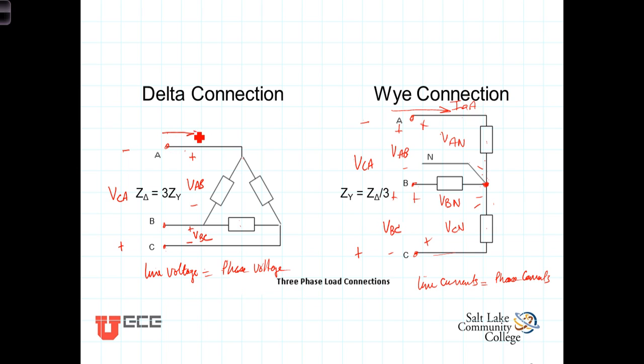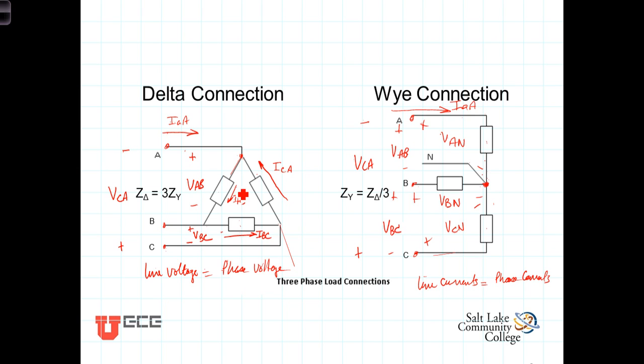Here we have the line current I sub little a, big A coming to a node, and then there is a separation. We're going to define the phase currents in the delta connected load as I sub AB, the current flowing from node A to node B, the phase current I sub BC, and then finally the current going from C to A, I sub CA, as the three phase currents.